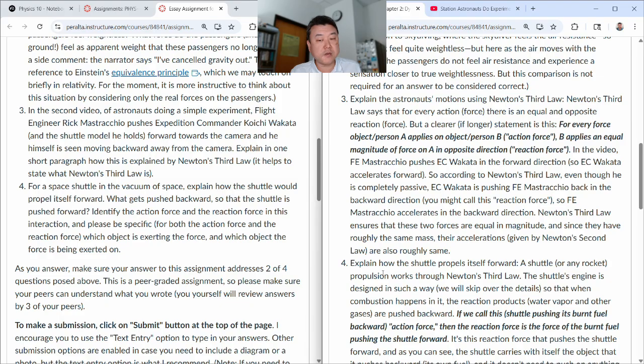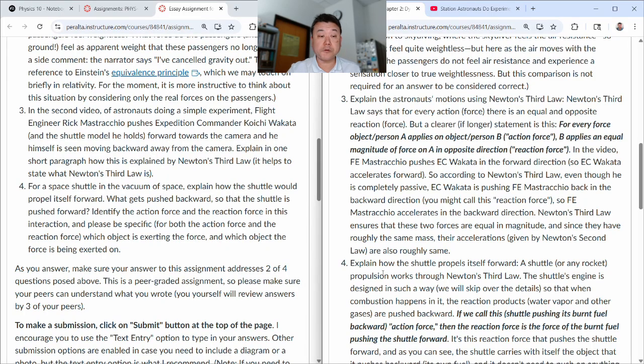You might call this the reaction force. So FE Mastracchio accelerates in the backward direction. Newton's third law ensures that these two forces are equal in magnitude, and since they have roughly the same mass, their accelerations given by Newton's second law are also roughly the same.